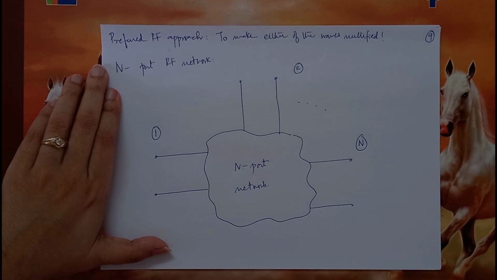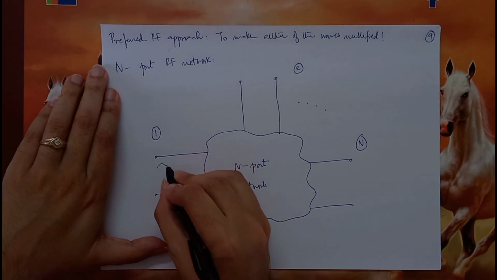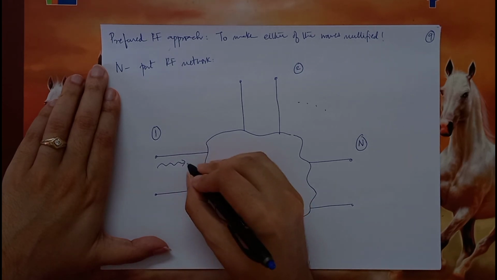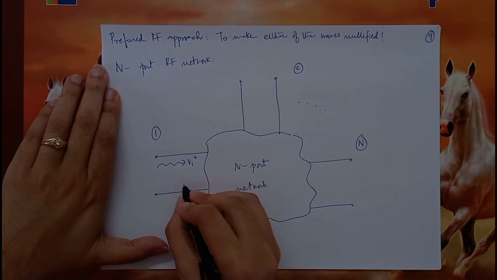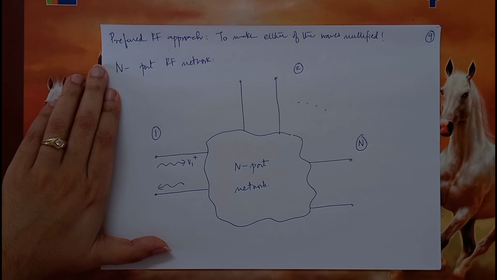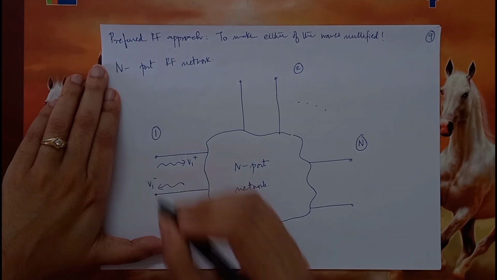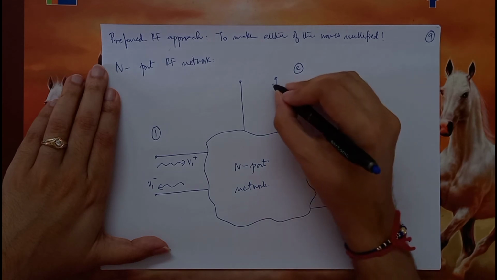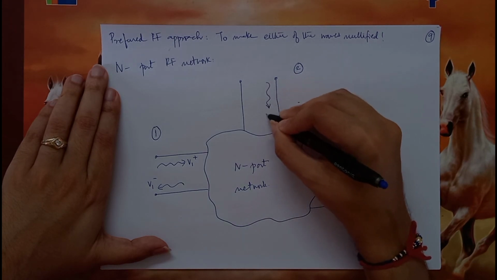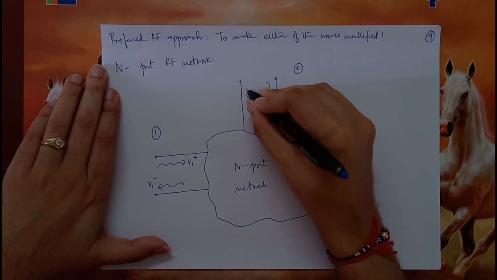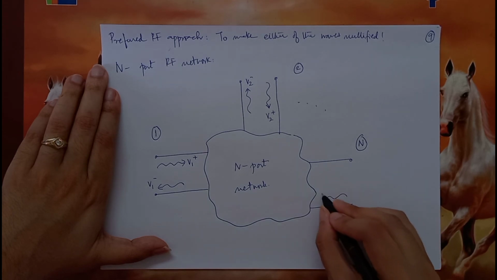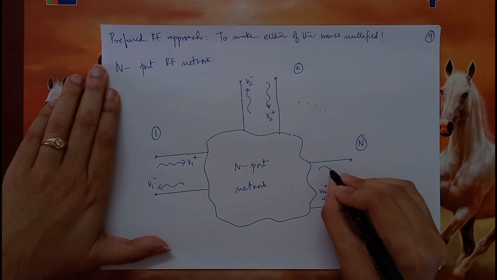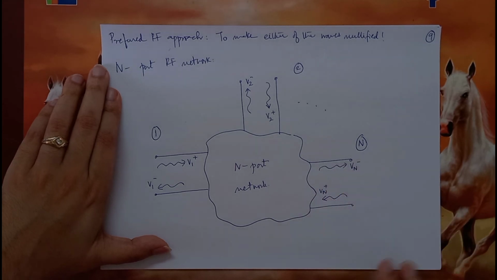Now let us define some conventions. The voltage wave that is entering a port is called V1 plus, and the wave that is leaving port 1 is called V1 minus. Likewise, this will be V2 plus and V2 minus, and here we will have Vn plus and Vn minus.